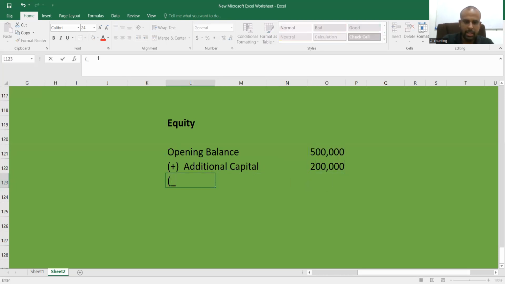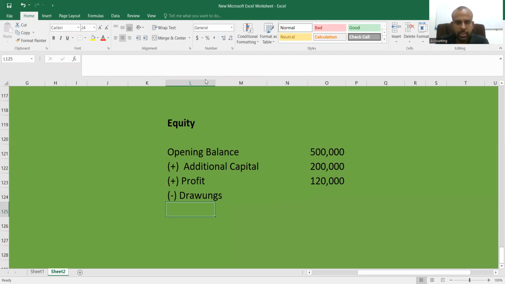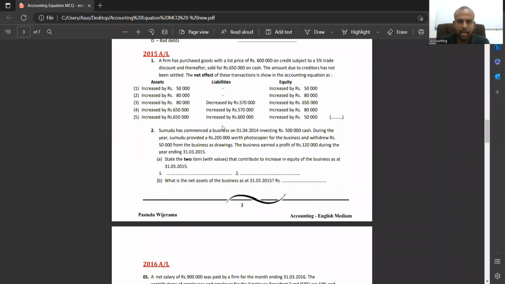And for this you add the profit, rupees 120,000. And the drawings, please correct the spellings with that. Drawings could be how much? 50,000, no? Drawings rupees 50,000.